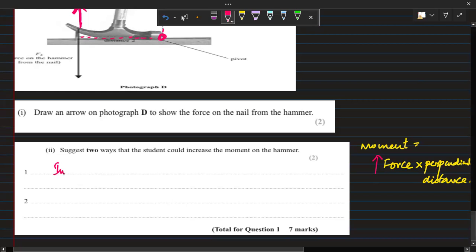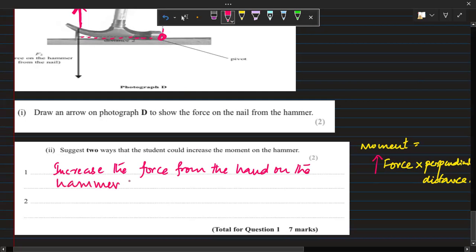So, increase the force from the hand on the hammer, keeping the distance the same.